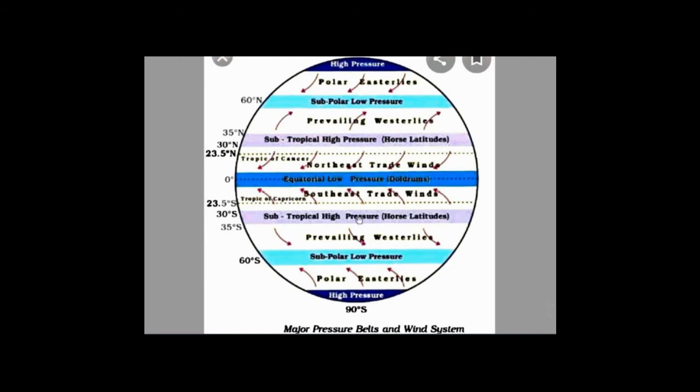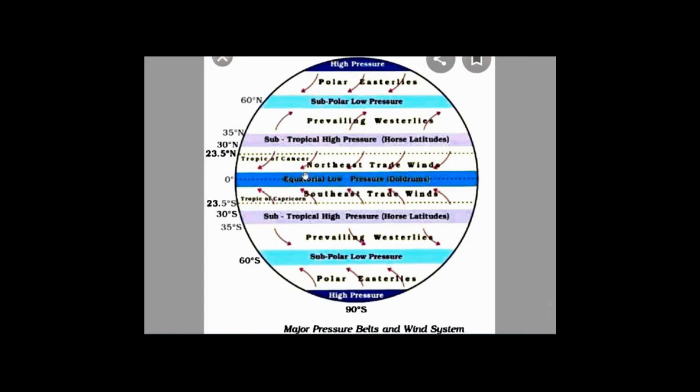After these high pressure belts, again 2 low pressure belts in both hemispheres: subpolar low pressure belt in the north and in the southern hemisphere. After these subpolar low pressure belts, again high pressure belts, polar high pressure belts in both hemispheres near the poles. So there are alternate high and low pressure belts over the earth.